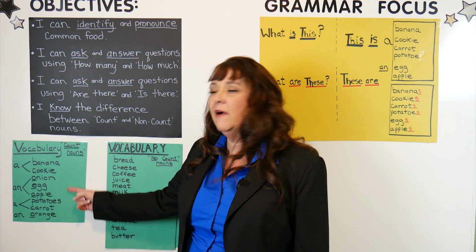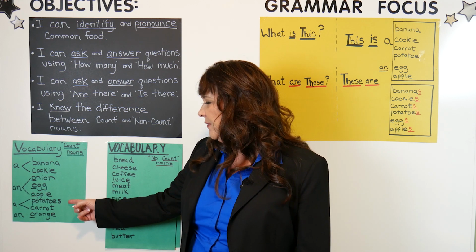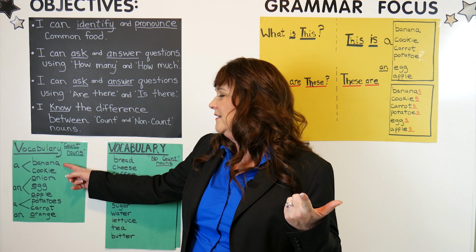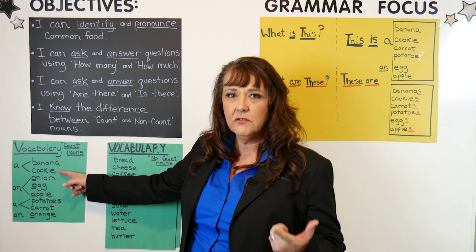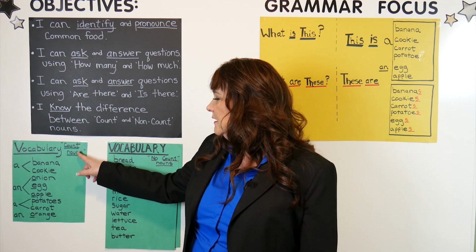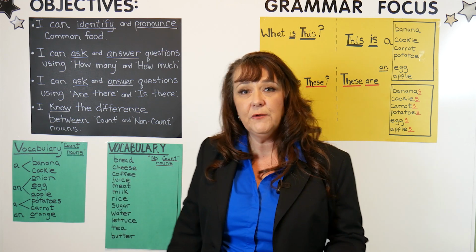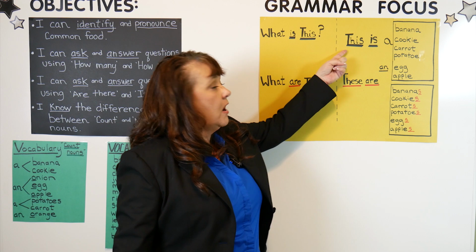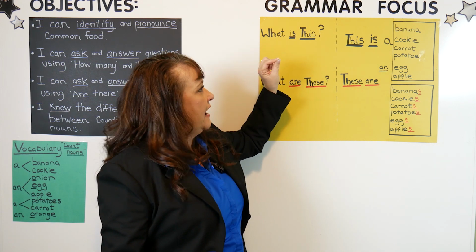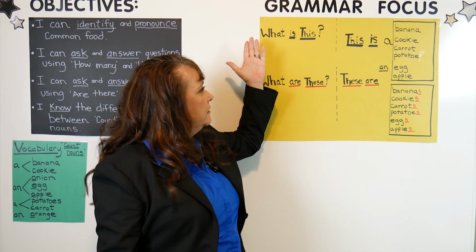These are count nouns. We can count them, right? We can count 1 banana, 2 bananas, 1 cookie, 2 cookies. This is why we call them count nouns. If you remember in the other lesson when we talked about money, we talked about how to make singular nouns into plural nouns.